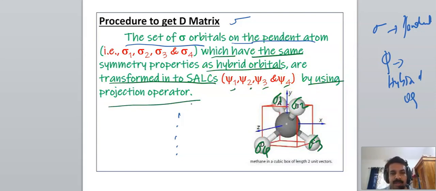That is our technique. To get the D matrix, we take the orbitals of the pendant atoms sigma 1, sigma 2, sigma 3 and sigma 4 and apply the projection operator to get the SALCs psi 1, psi 2, psi 3 and psi 4. We have already done this in MO theory.